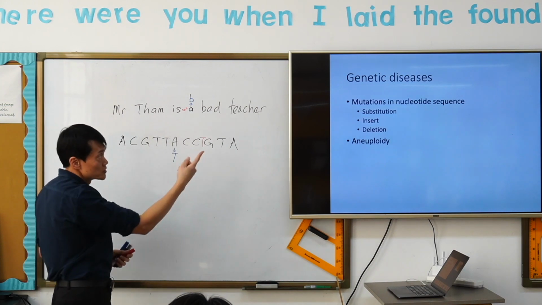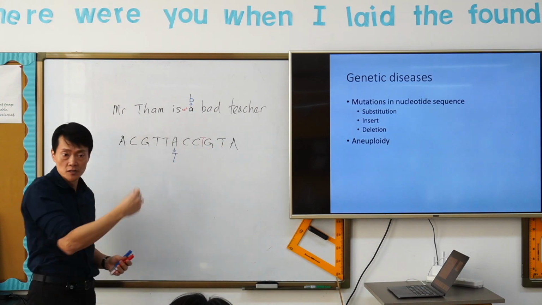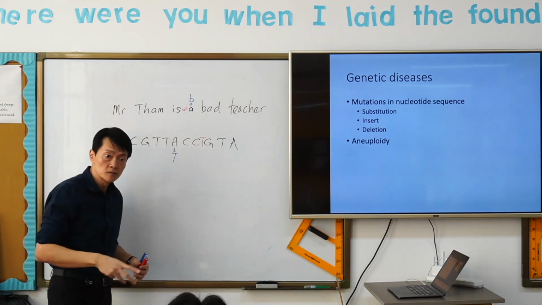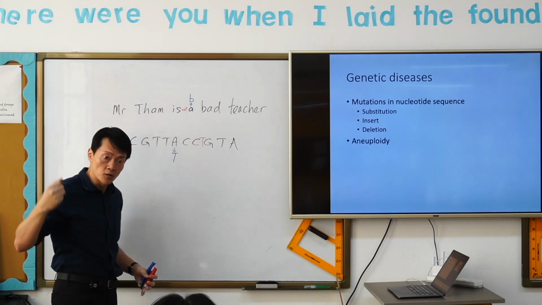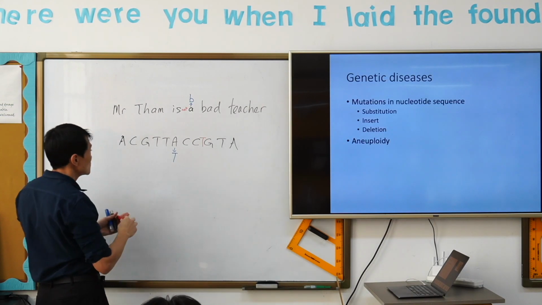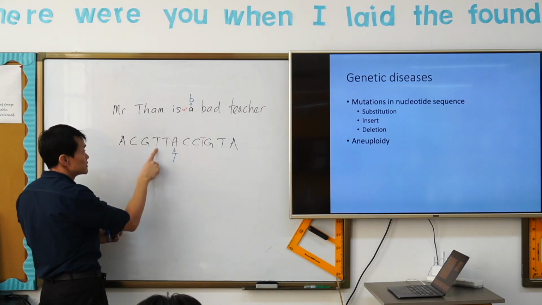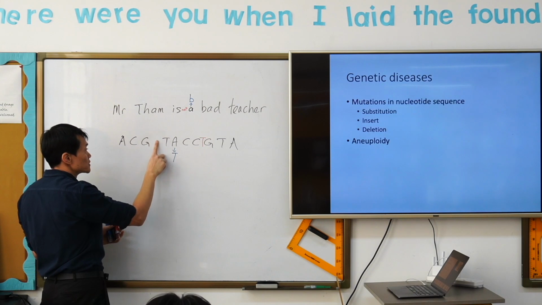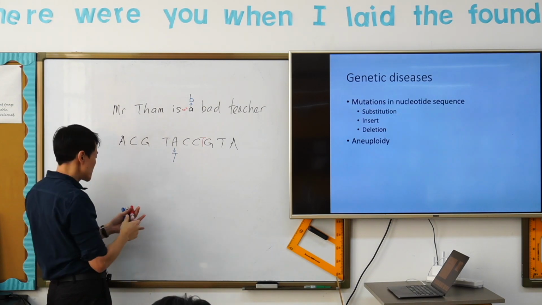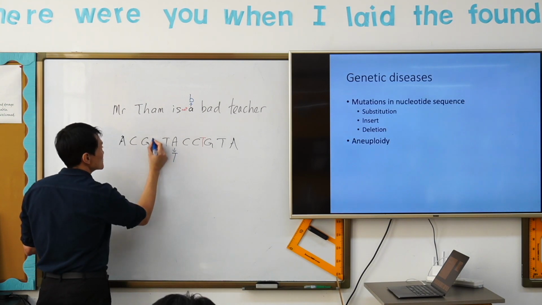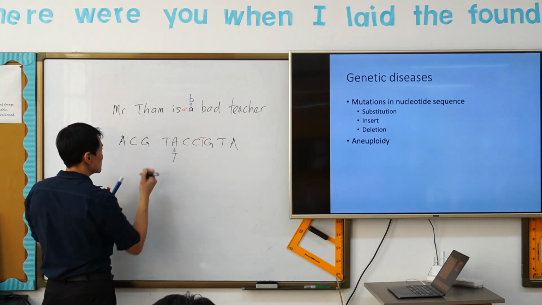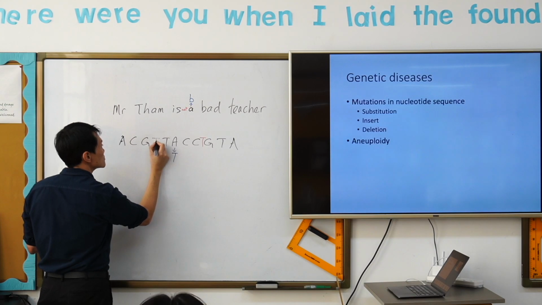Then deletion. Now it should be easy to understand. What do you think is a deletion mutation? Yes, one nitrogenous base is taken out. So let's say instead of having a T here, the T here disappears. Yes, thank you for the dramatic music. Okay, so there's no more T, so I'm just going to do a faded T here to represent that it's no longer there.